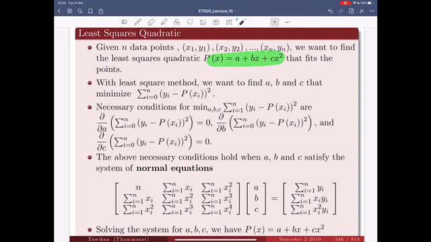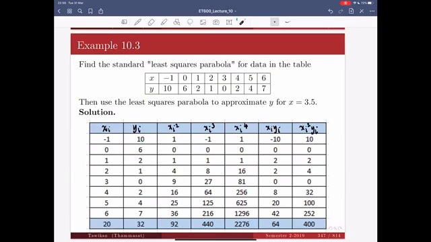using least square quadratic to get the approximation, or second degree polynomial, to approximate our data. In example 10.3, we want to find the standard least square parabola for the data in this table. The parabola is a second degree polynomial, or you can say p of x equals a plus bx plus cx to the second.